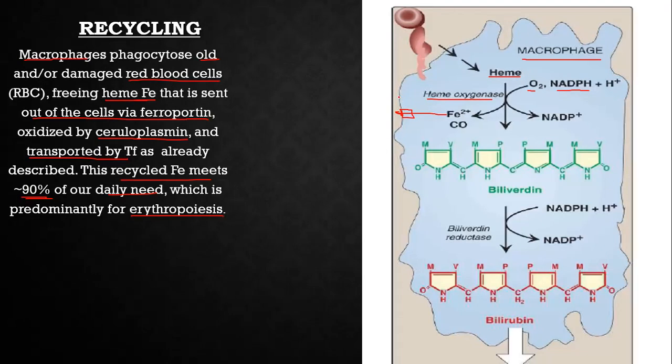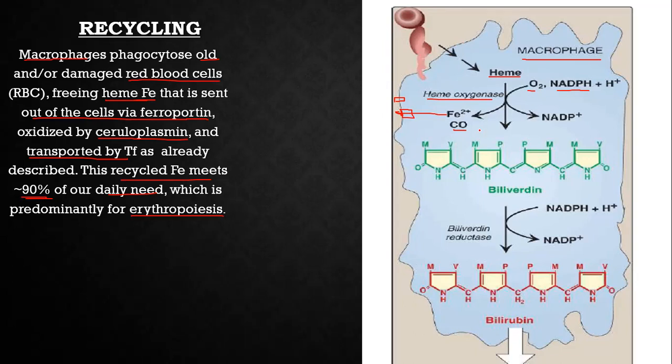But here you will have ceruloplasmin instead of hephaestin. You can see also here we are producing carbon monoxide, but here carbon monoxide acts as a signaling molecule. It is not toxic here. Then remember, heme refers to a protoporphyrin IX and an iron at the center. The protoporphyrin IX is usually opened up.